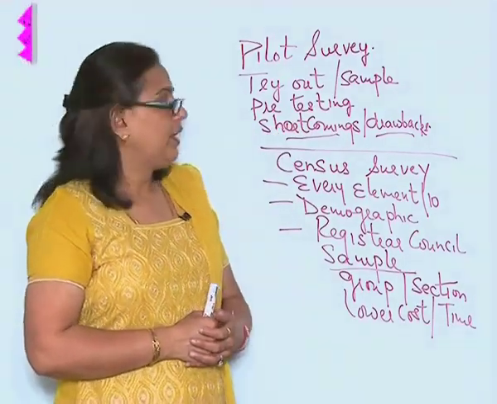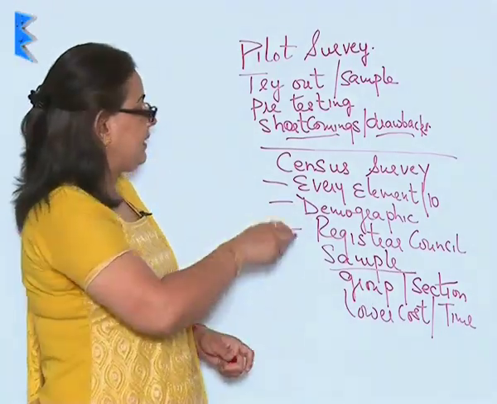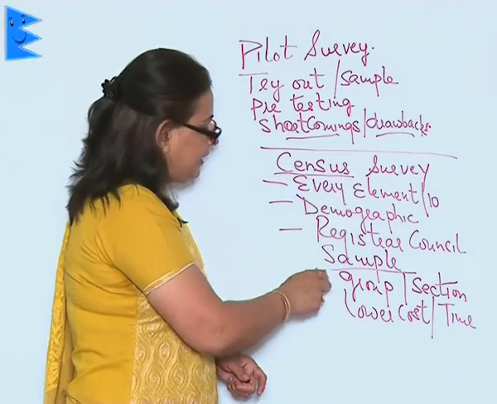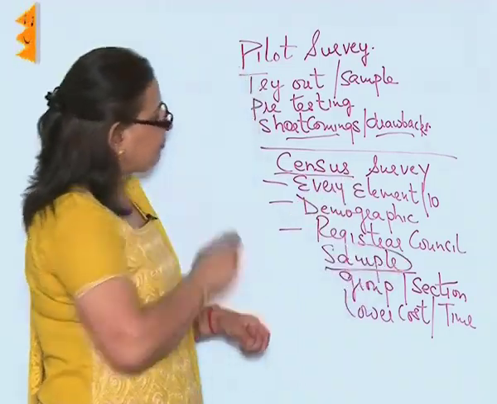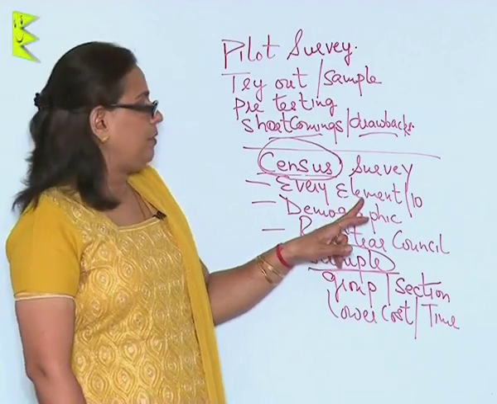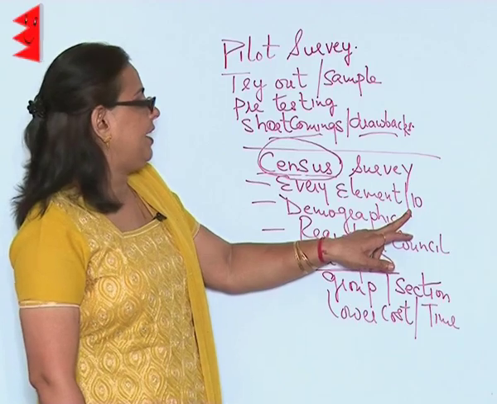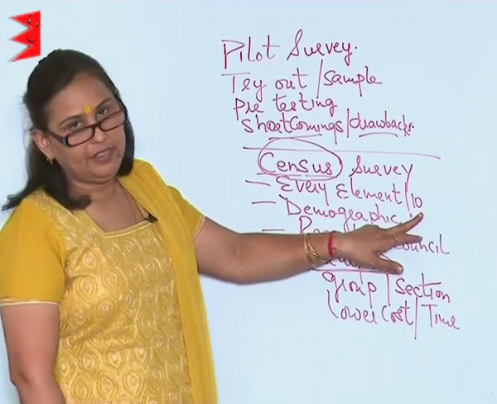Now let me talk of the other two kinds of surveys, that is the census survey and the sample survey. The census survey talks about every element of the population, and this is generally conducted after every 10 years.